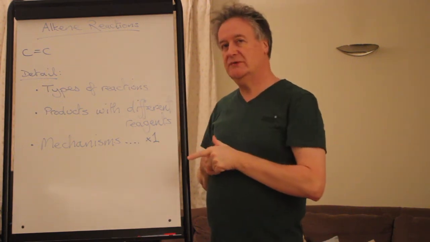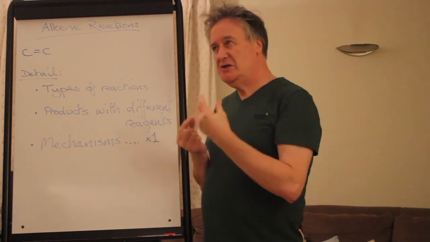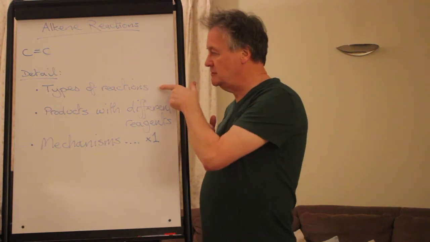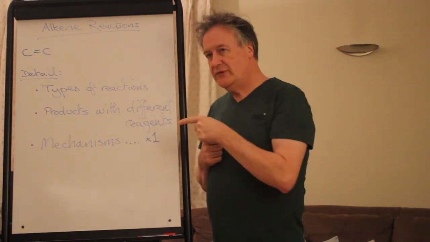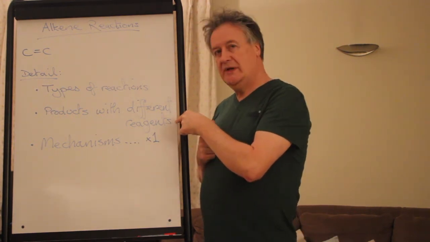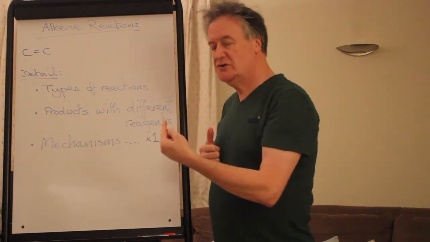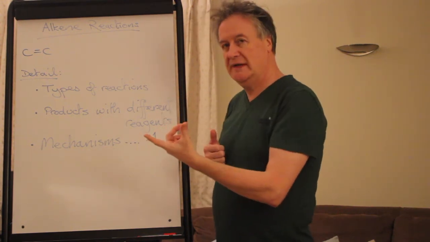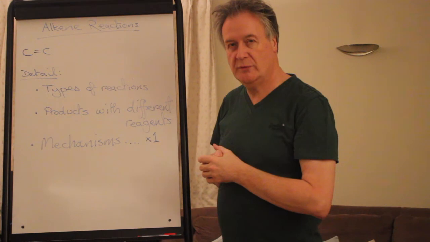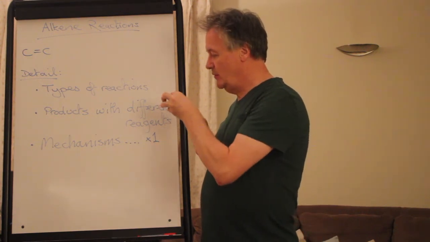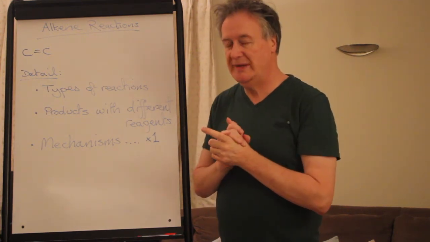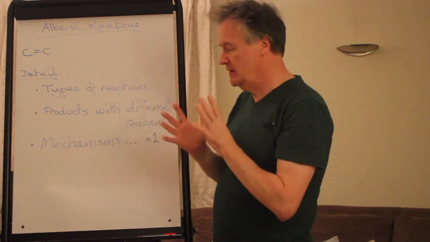Firstly, you need to know the types of reactions, and there's a little bit of language to get on board with about the types of reactions. For the reactions that you do for alkenes, you need to be able to say: that's the reagent, I know what that reagent does to an alkene, I will be able to apply that to the alkene I am given and write something suitable for the product. So you need to be able to apply what reagents do to whichever alkene you are given, because it's not going to be ethene, well, it might be, but it's probably going to be some other alkene.